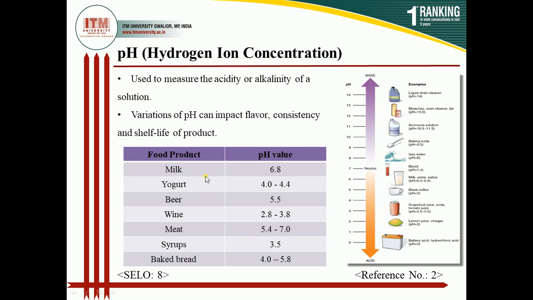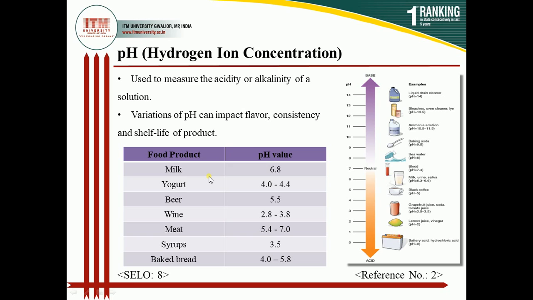Citric acid is acidic in nature, so when we add the citric acid, the pH will reduce from 6.7 to 4.6, and the pH of sour butter is 4.6 to 5.0.